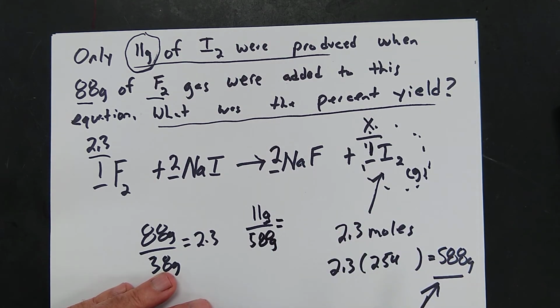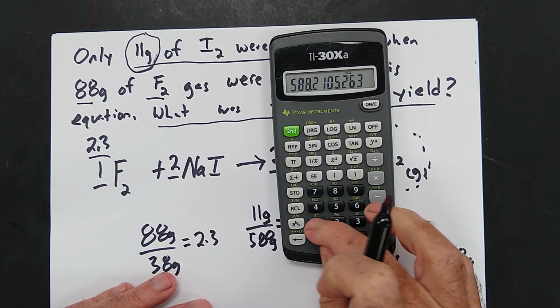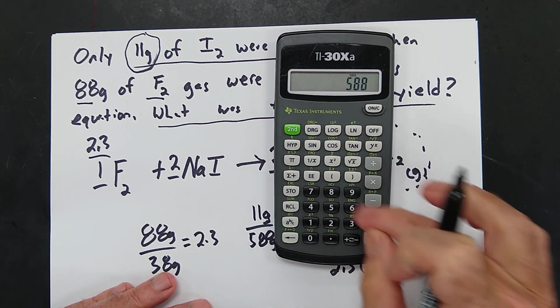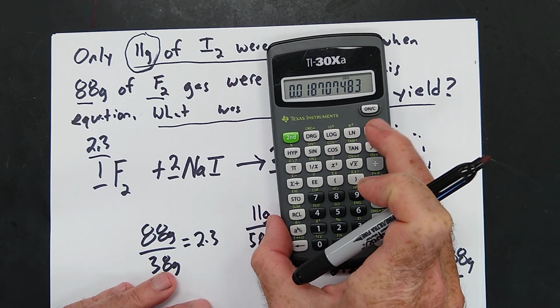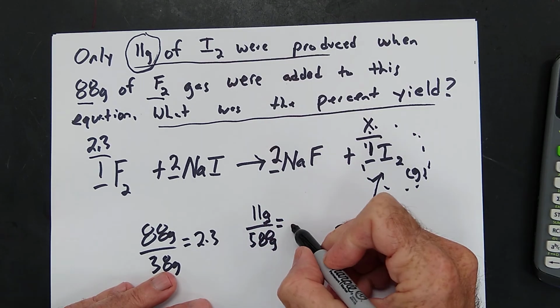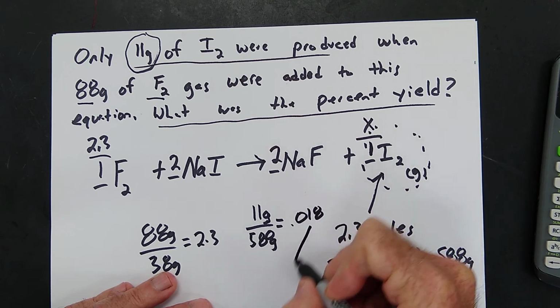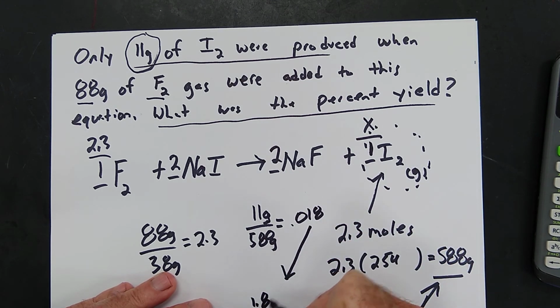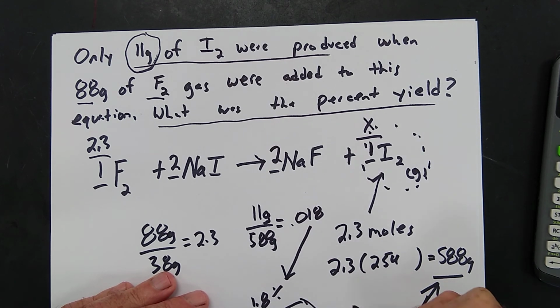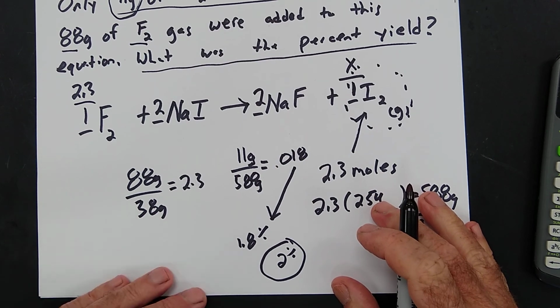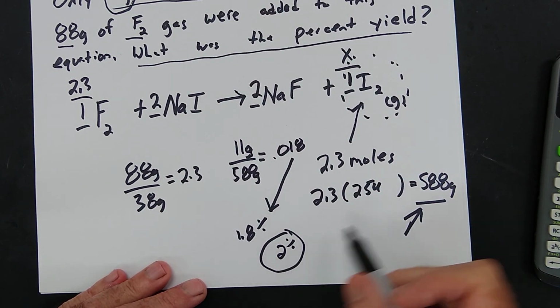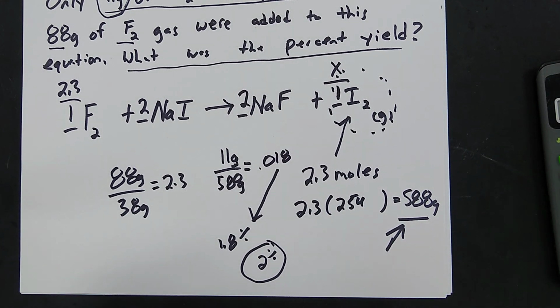That's not a very good outcome, is it? 11 divided by 588 equals 0.018, or that'd be like 1.8%, or if we were rounding off, about 2% yield. That is not a very good job, is it? If you only get 2% of what you're expecting, that ain't that great.